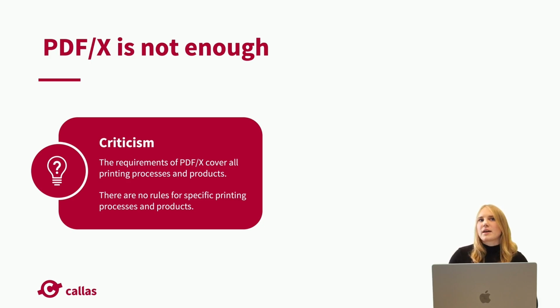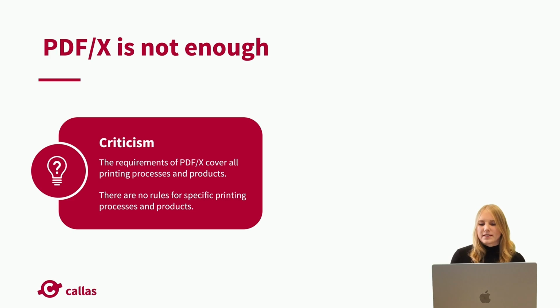For a magazine ad, an image resolution around 150 to 300 ppi is required to make sure that the print quality is good enough. But for a billboard that you see just from a really big distance, maybe driving by in a car on a highway, a resolution of 50 ppi or even less is required. And as you can see, the requirements are completely different for different print products, and therefore it is impossible to cover these requirements in the general PDF/X standard.